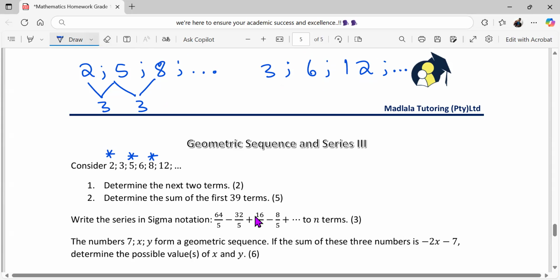So it stands to reason to say that the next two terms here will simply be 11 as well as 24. Yes, those are the next two terms.